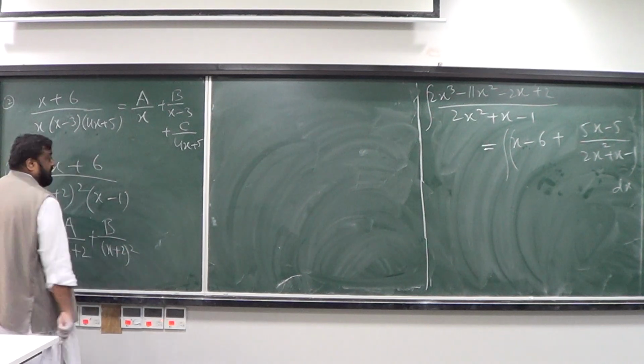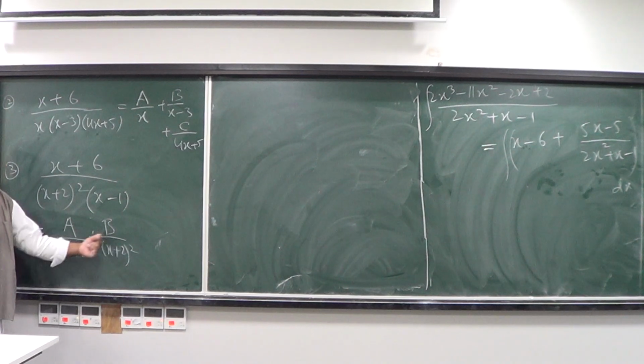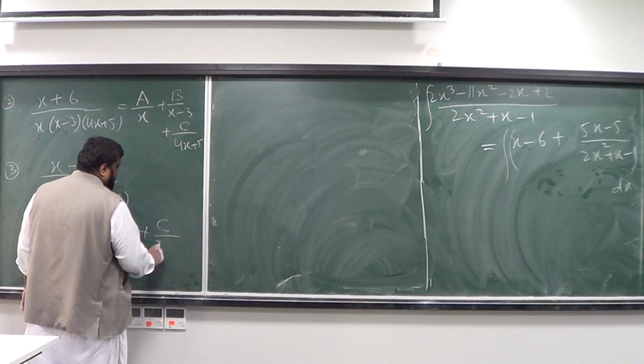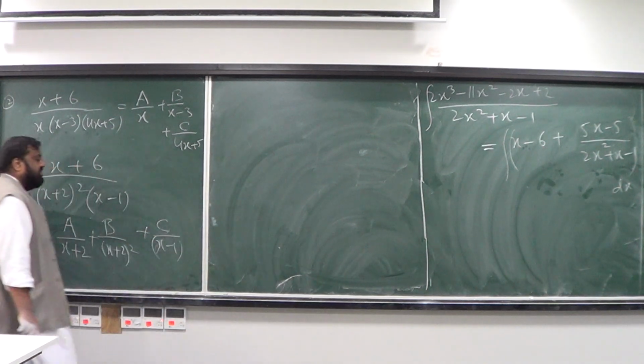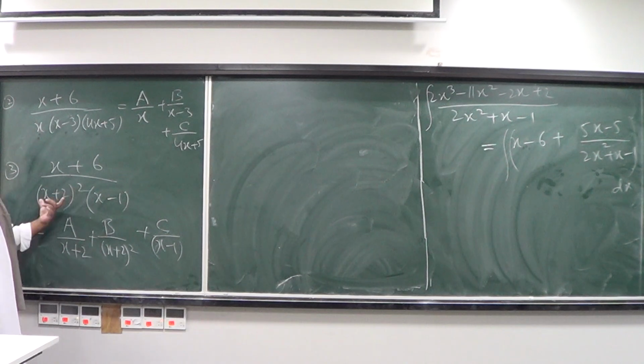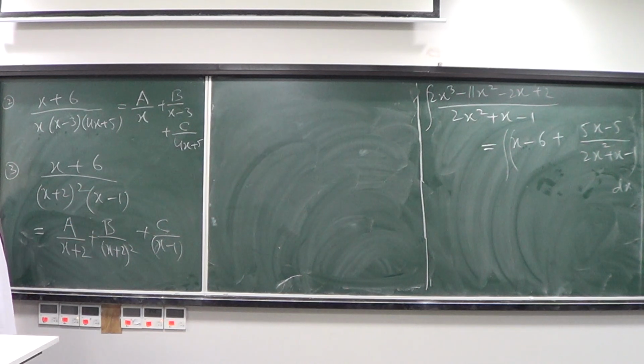Okay, so if you have a square, first you have to keep the linear factor, then its second power, plus c divided by x minus 1. So in other words, if there is x plus 2 square, a linear factor squared, then that linear factor and its square power both will be written separately.